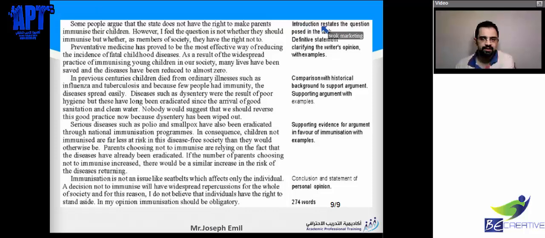So here, the introduction restates the question posed in the task. 3. Definitive statement clarifying the writer's opinion with examples. So here, he has rephrased the question by saying, I feel. So he has written here, I feel, this is my opinion.